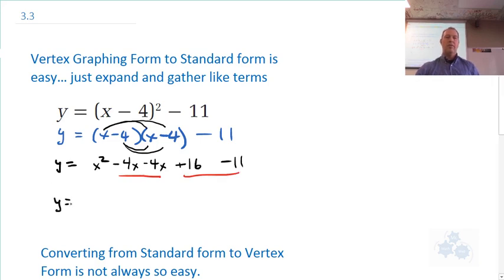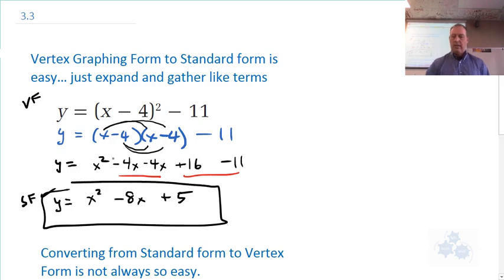So in very short order, we're going to have a standard form of an equation. 16 minus 11 is 5, right? So there's vertex form, and there's standard form. Done. That's easy, but going the other way is tricky. Going the other way is tricky.